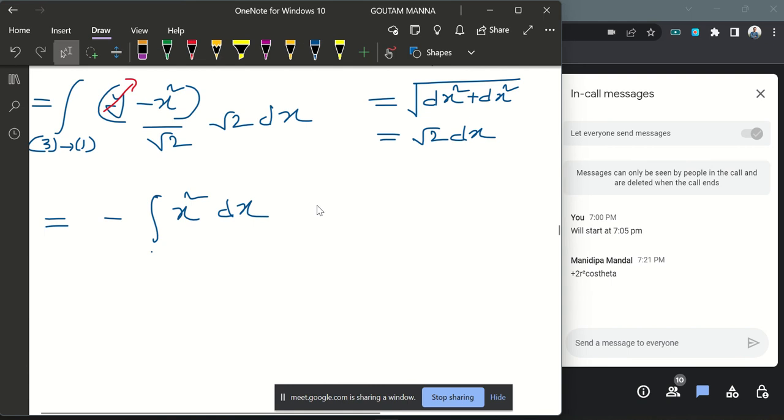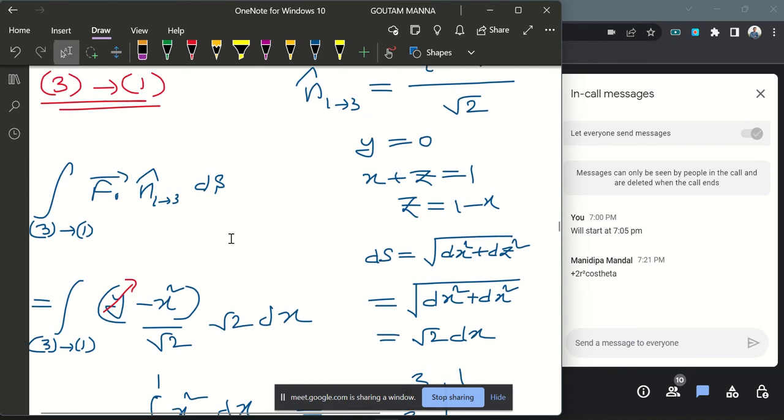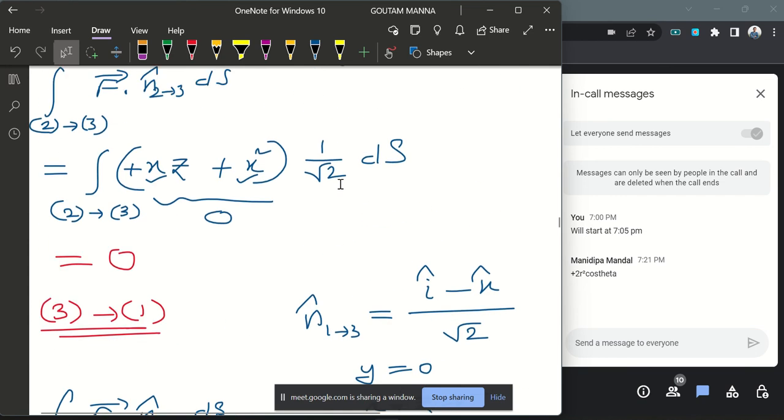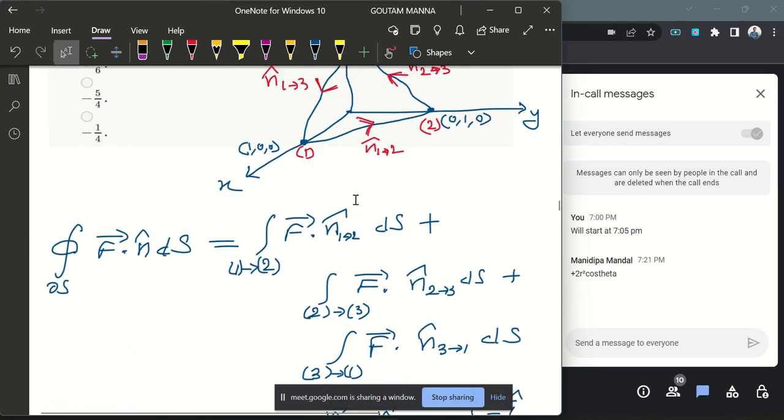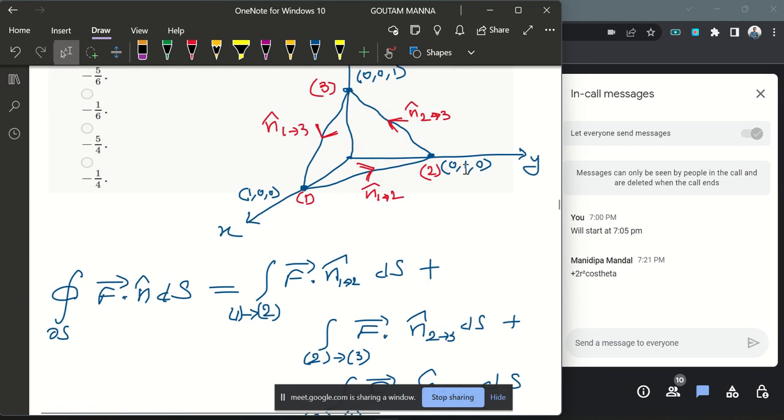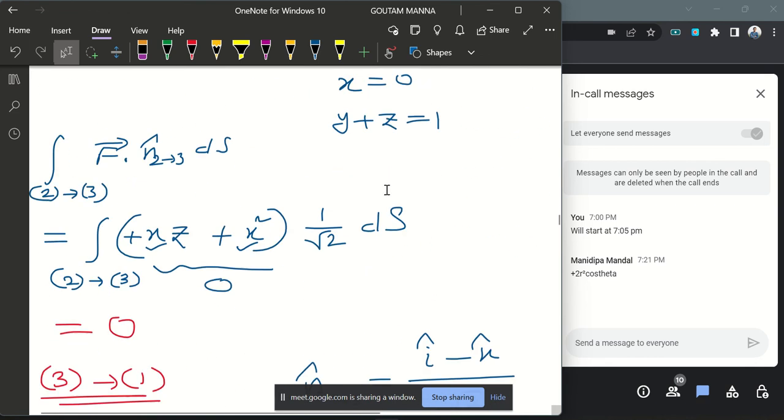So the integration limit will be 0 to 1, and it will be x cube by 3, limit 0 to 1, so it will be minus 1 by 3. Then we will add these three integrations, and we will get the whole integration along this closed path.